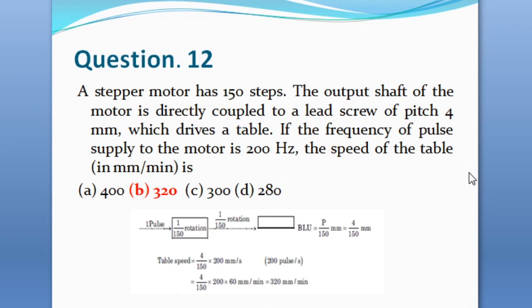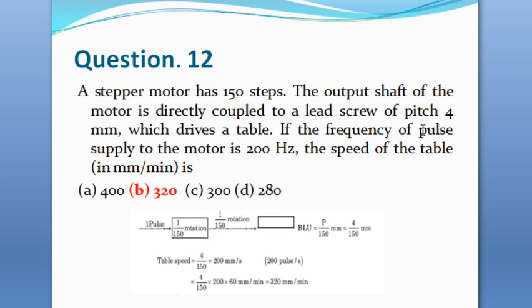Therefore, first BLU equal to pitch divided by number of steps, the basic length unit, equal to 4 divided by 150. 150 steps are received for one complete revolution of 360 degrees. Therefore, for linear movement, the basic length unit is pitch divided by number of steps for one revolution, 4 by 150 mm, BLU.